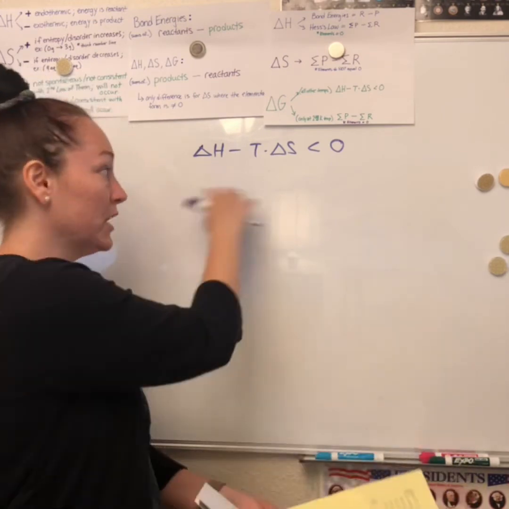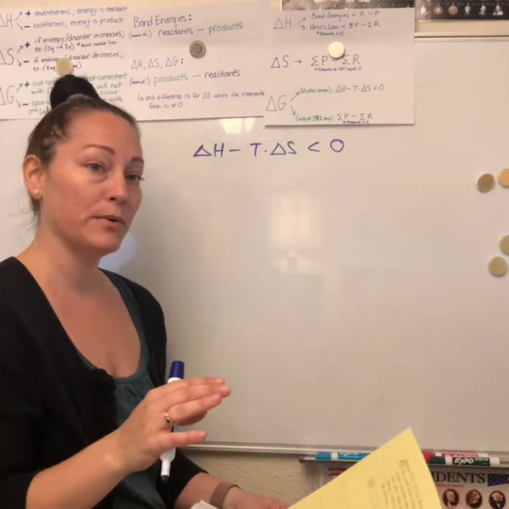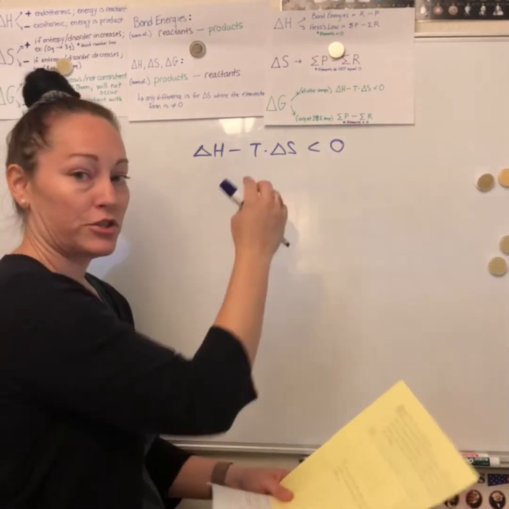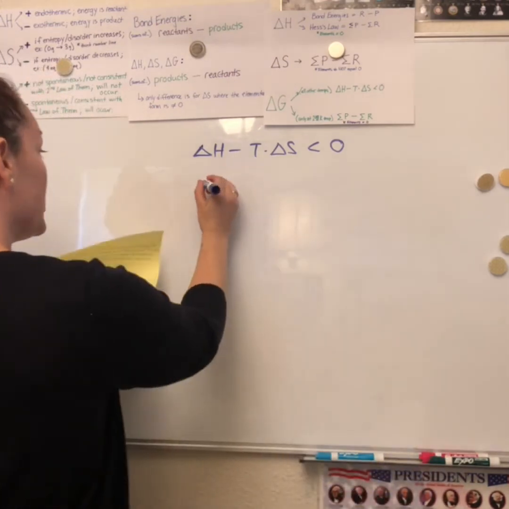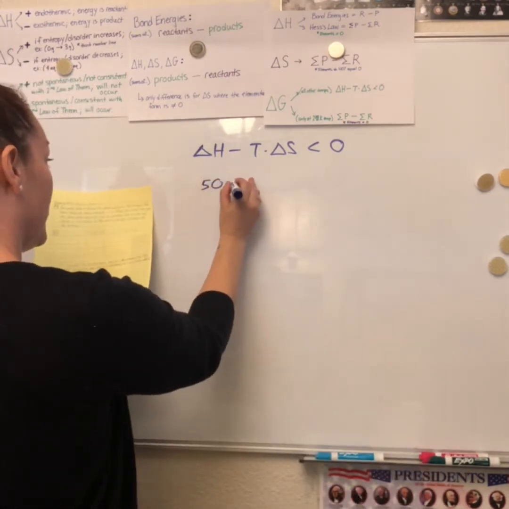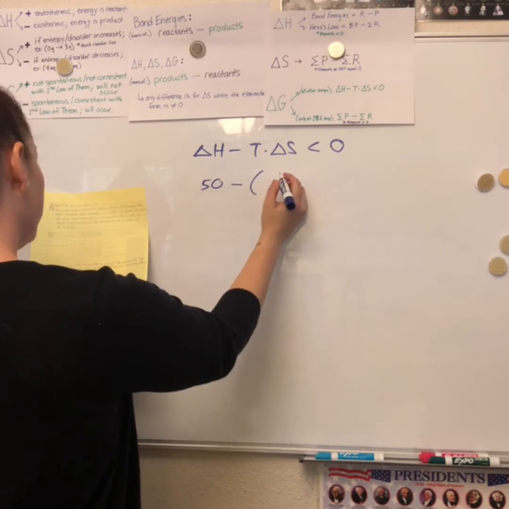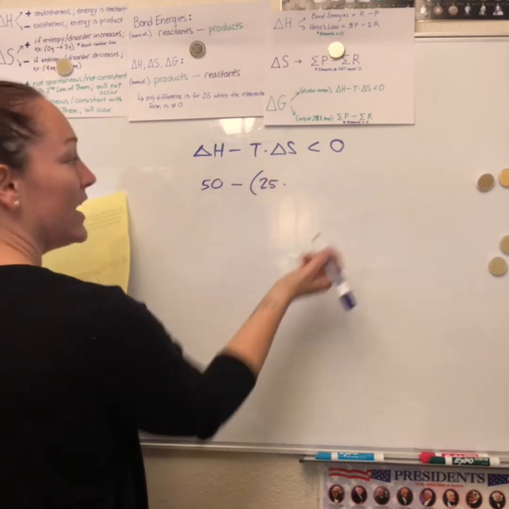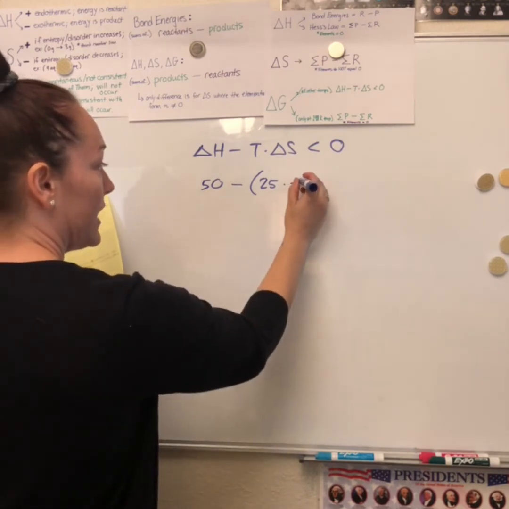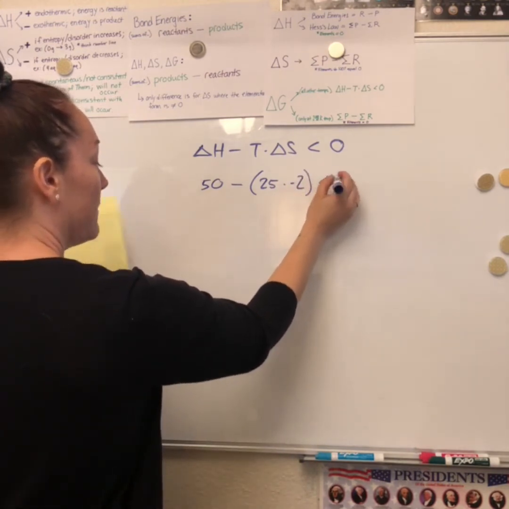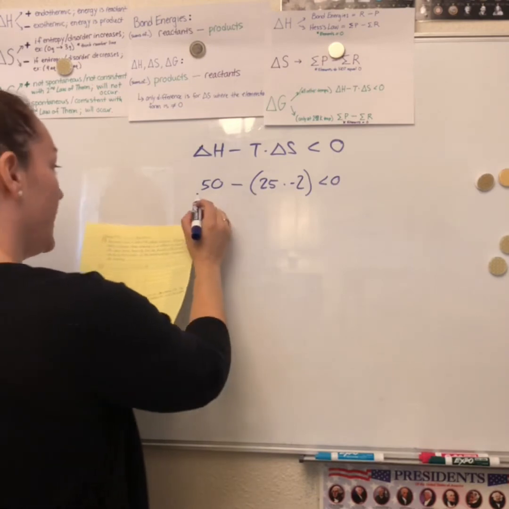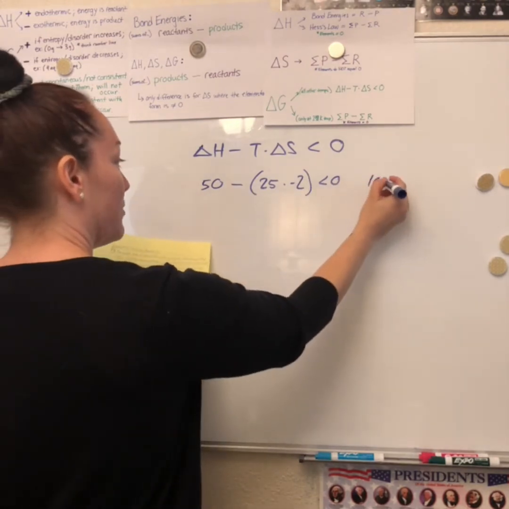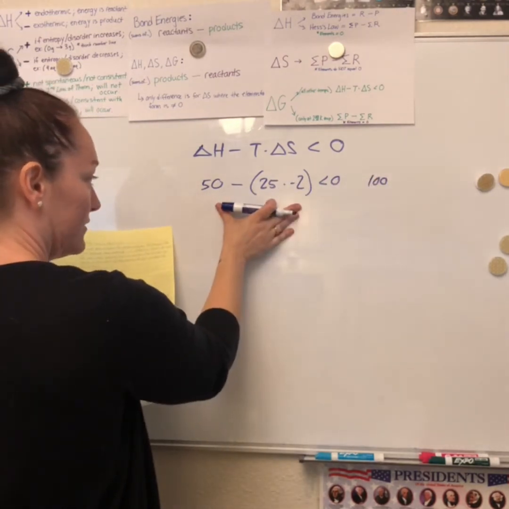We're going to plug some numbers in here as an example, and we're only going to change the temperature to see what happens, okay? So I'm just going to stick in 50 here, and then for temperature I'm going to pick 25 times, and they said the delta S was negative. So I'm just going to pick a negative value, -2, okay? So right here, if I crunch all this, I'm going to end up with 100 on this side, okay?